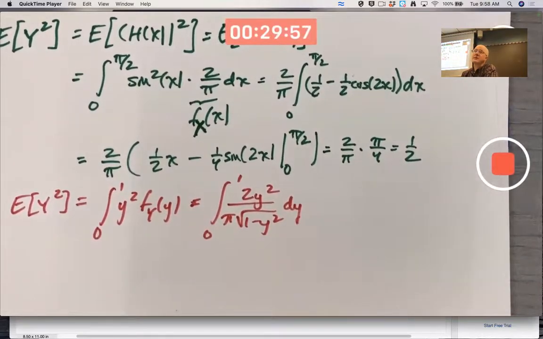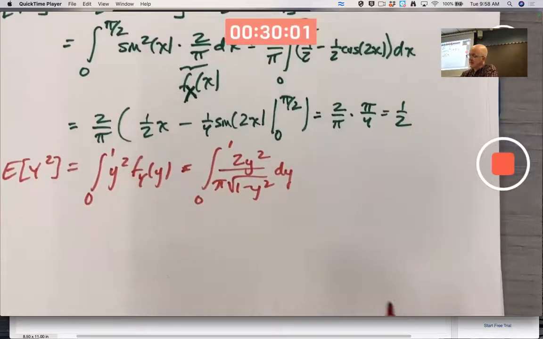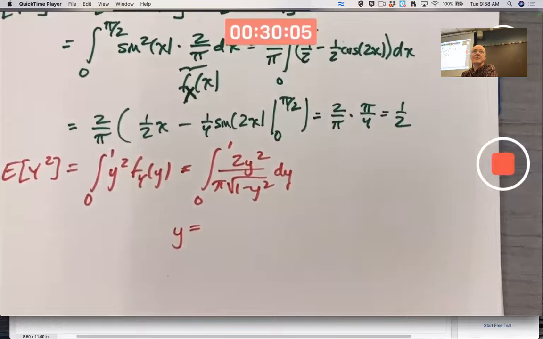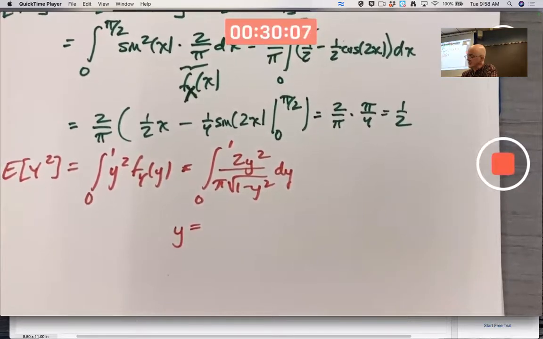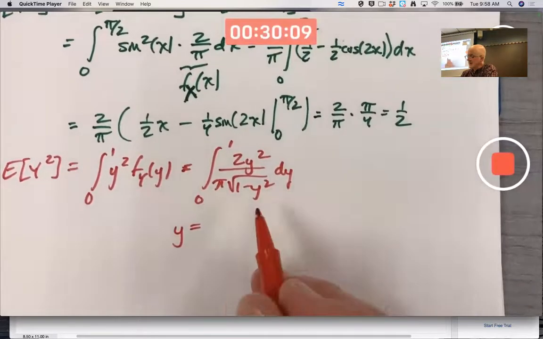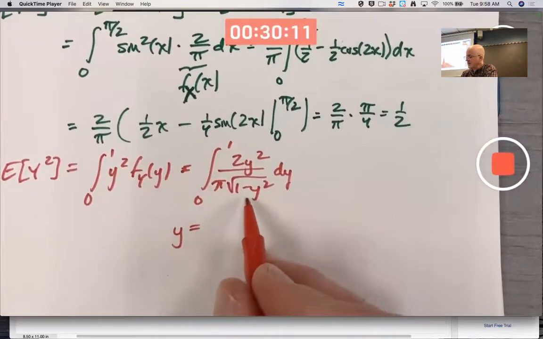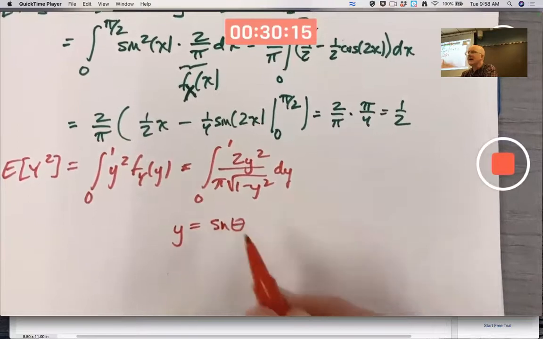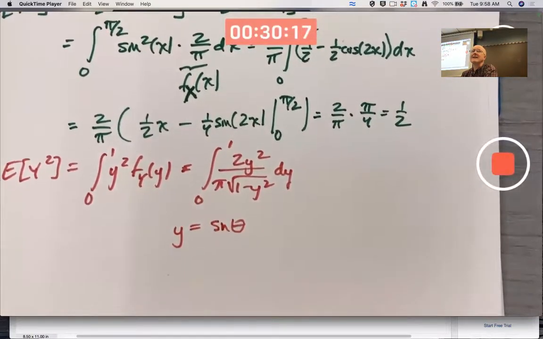But a trig substitution is the way to go here. I don't know if you remember trig substitutions from Calc 2. If you're a tutor in math lab, you may have helped some students do them. Because of the square root of 1 minus y squared here, it's a good idea to let y equal, say, sine theta. I'll use a theta.